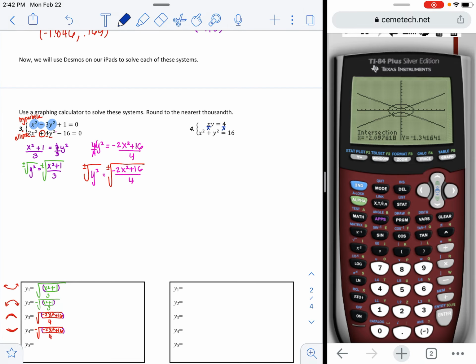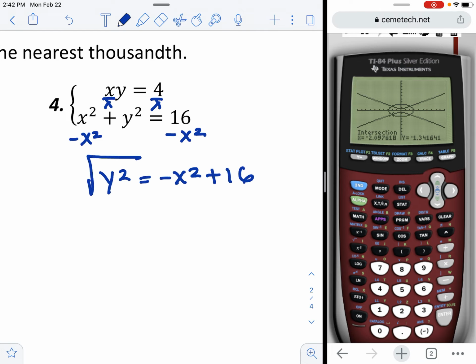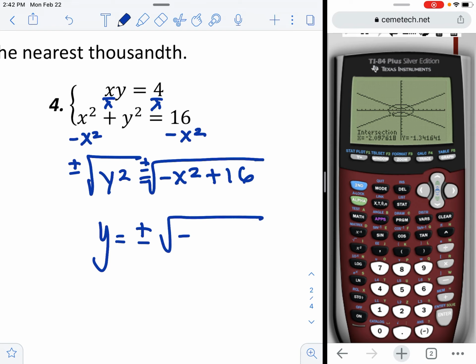Okay, the very last one, and then we'll see how this looks in Desmos. Has to be solved for y, so divide by x. So we have y equals 4 over x. Remember, it's a fraction, so you're going to want to put it in parentheses. And then this one, solve it for y, so subtract x squared from both sides. Y squared equals negative x squared plus 16, and then square root to solve.